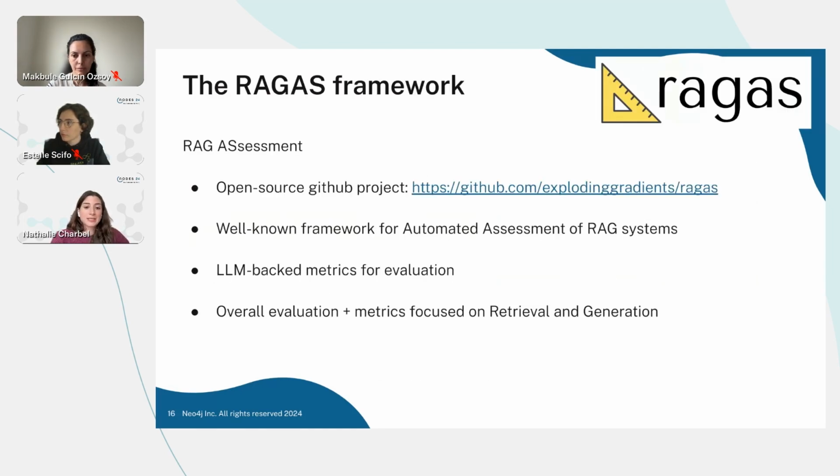Ragas stands for Automated Assessment of RAG Systems. As I said, it's an open source project, and this is the link to the GitHub project. It is based on the LLM to provide the evaluation or metrics for each component of the RAG pipeline.